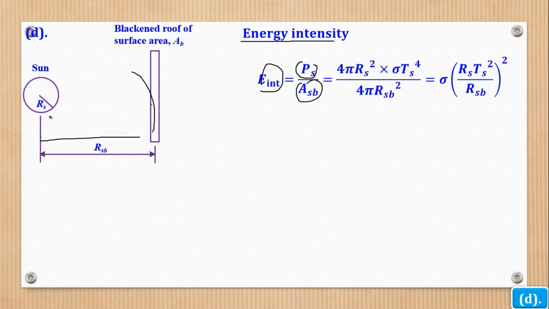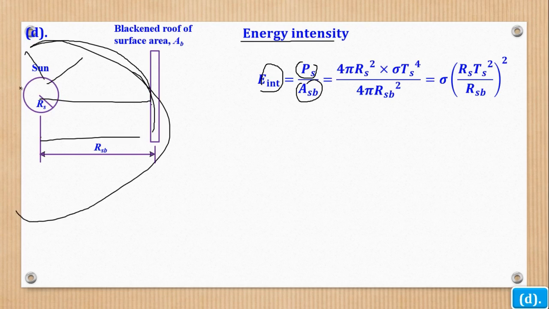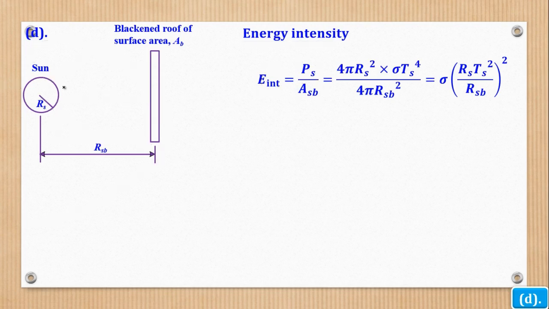Even the distance from here to here will act as the radius of a sphere, because the sun radiates in all directions. Our interest is what radiates in this region, but that doesn't mean it only radiates in that part; it also radiates in these other places.